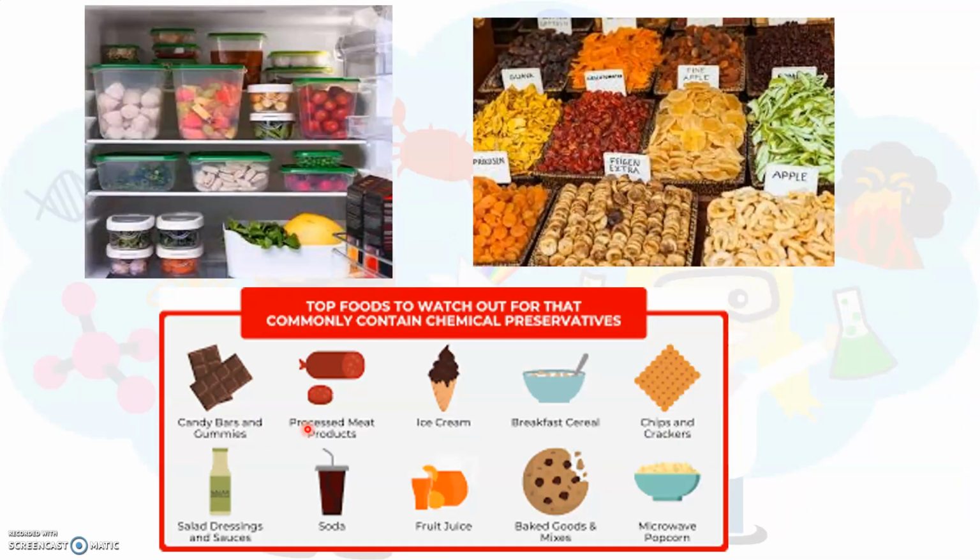As you can see here, refrigeration and drying of food are other ways to preserve. By now, you have got a lot of information about food preservatives, isn't it? Next, let's jump into food processing.